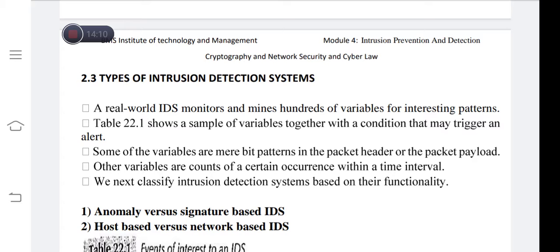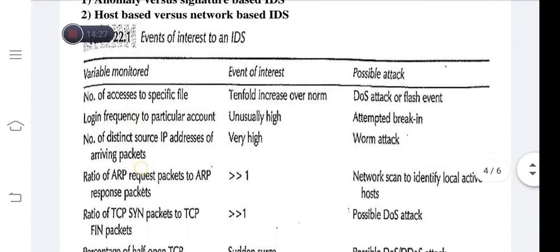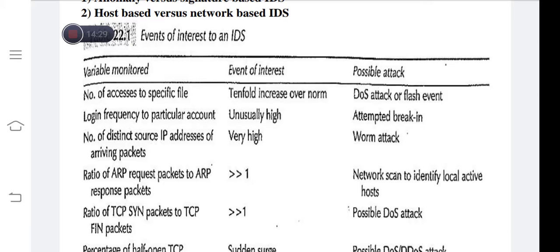Here, variables are nothing but what type of analysis it is going to do using what type of parameters. Here we have a table of events of interest to an IDS.